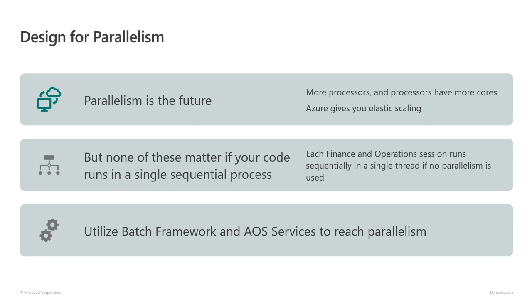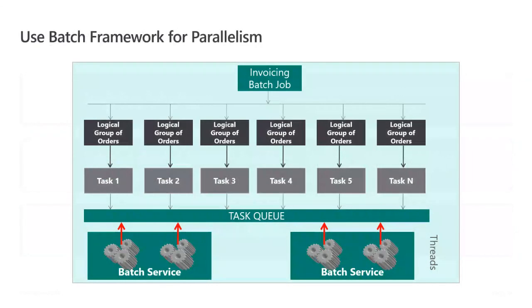So here in that graph, you see a sample of batch framework utilization with an invoicing batch job, for instance. And this graphic should give you an idea of how tearing down a monolithic process like that invoicing batch job would distribute within the batch framework.